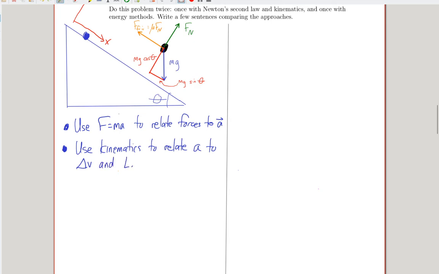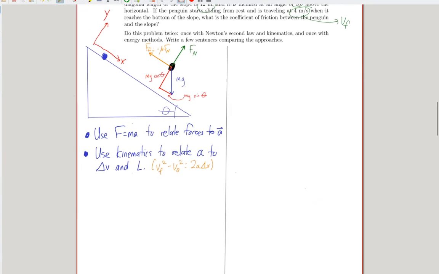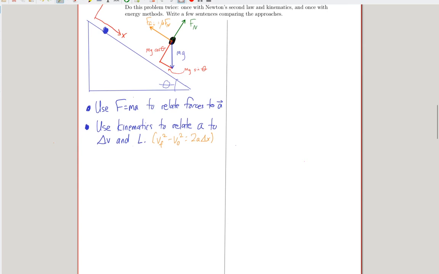Since there's no time that appears in this problem, the kinematics relation that I'm going to want to use is v final squared minus v initial squared equals 2a delta x. All right. So let's get started and dive in.